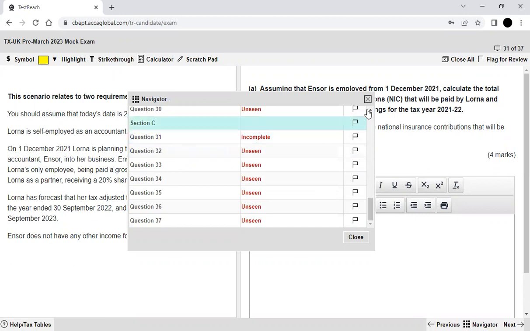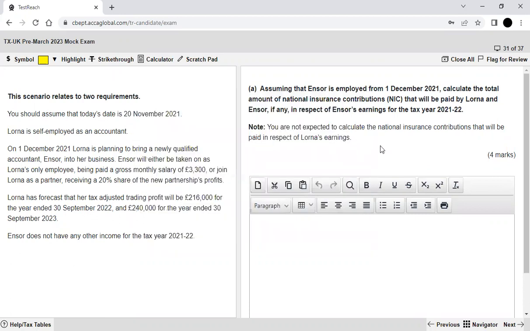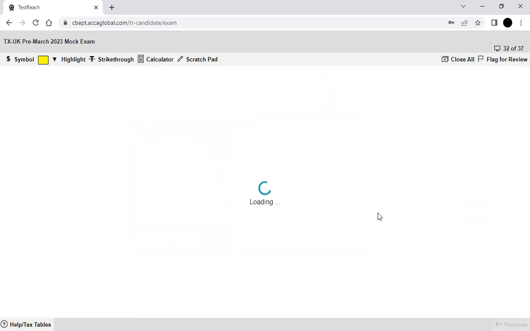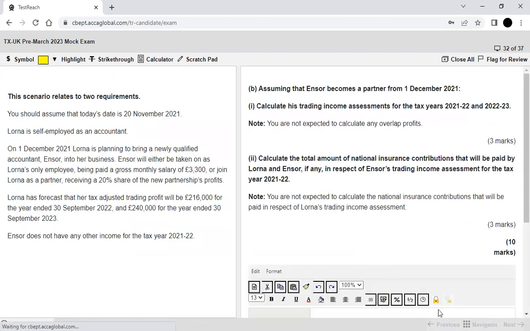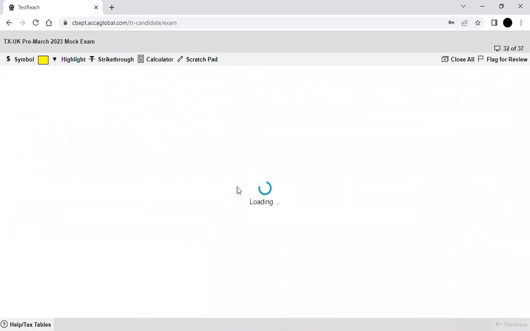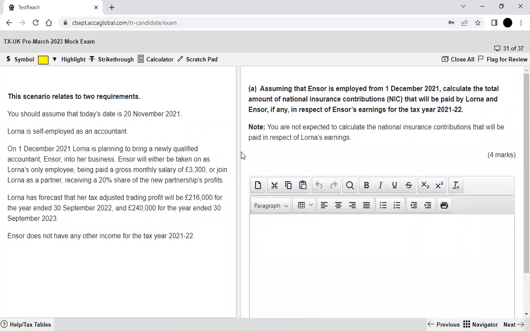So for example, I am on question 31 as part A. Question 32 is like part B of this question. So this is how it is made up of a total of 7 questions. We will come to know which portion belongs to which area when we attempt the questions.